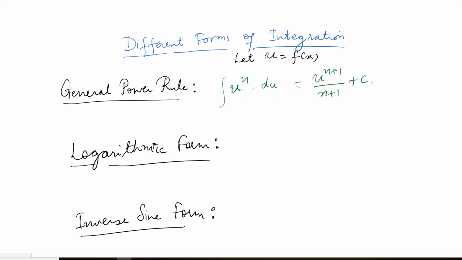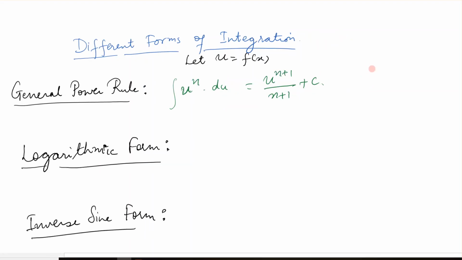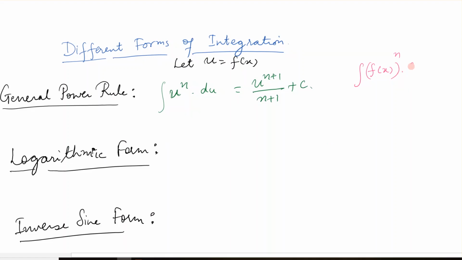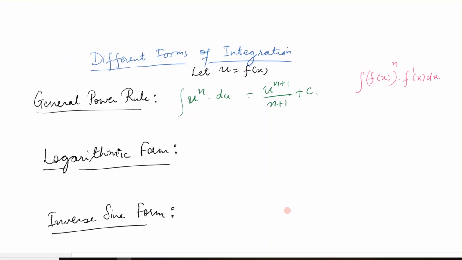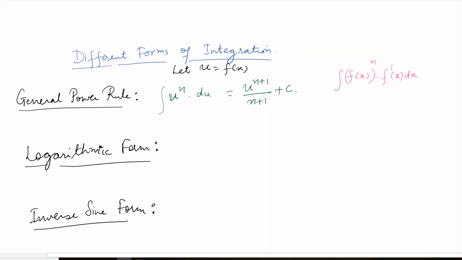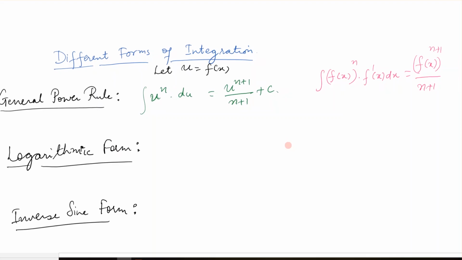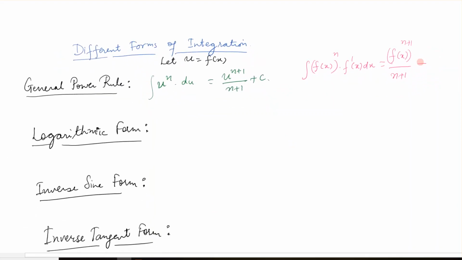And we also did the other form of the same equation, which is if you have integral of f(x) raised to power n f prime x dx, which means you have a function raised to power n and the differential of the function, then the integral is you increase the function power by 1 and you divide by the same new power plus c.